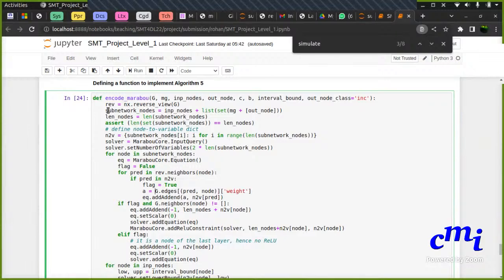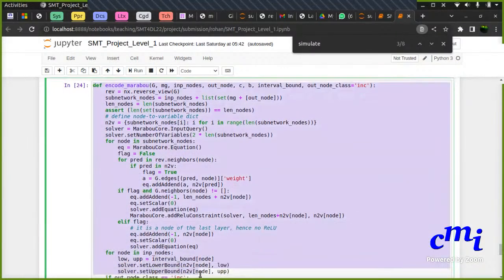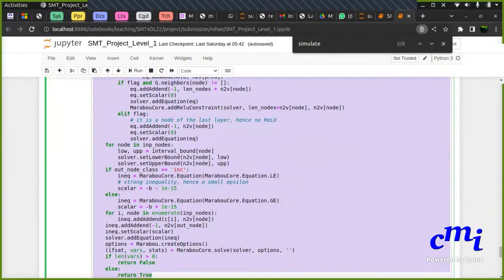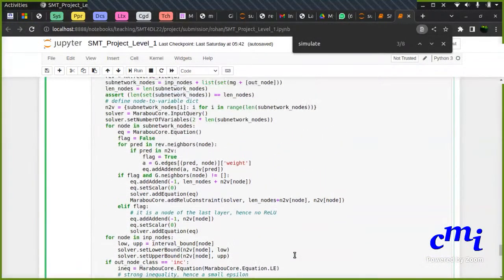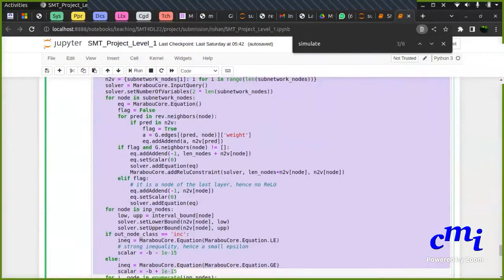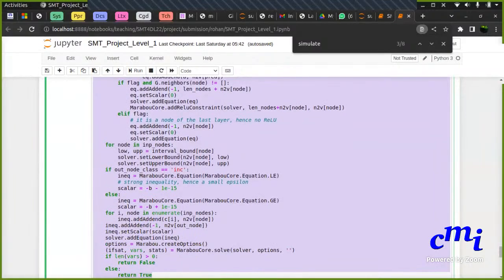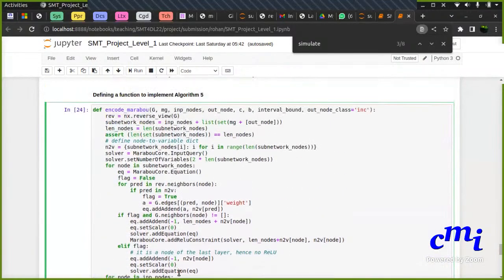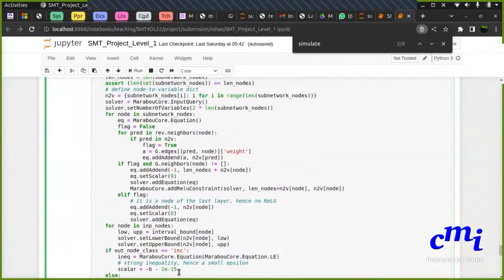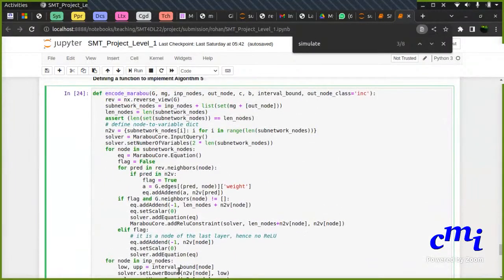How long is the Marabou encoding? It's a fairly big code, isn't it? This much. That's it? Yeah. So this actually doesn't depend on the name scheme these guys are using for their graph nodes.